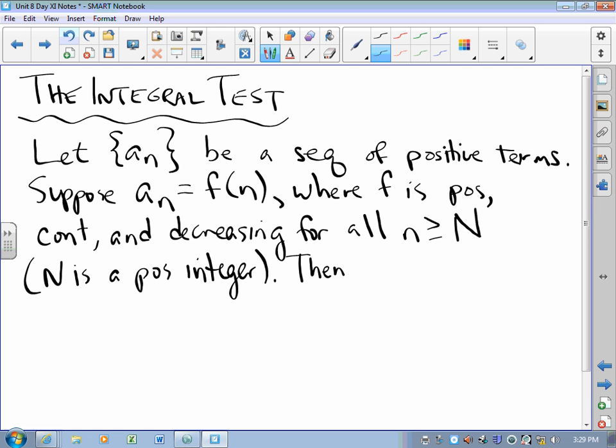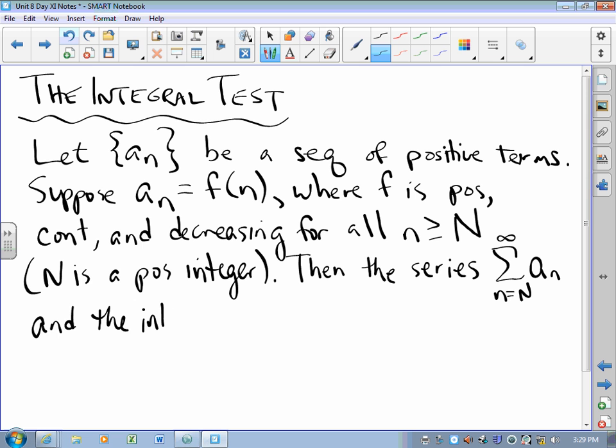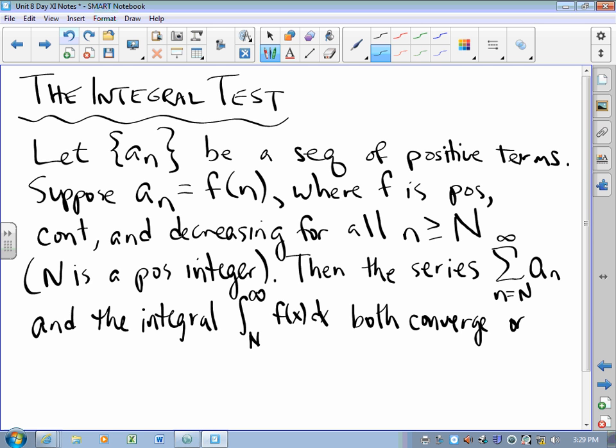Then the series, the sum of the a sub n's from capital N to infinity, and the integral from capital N to infinity of f of x dx, both converge or both diverge. Whatever the one does, the other does.